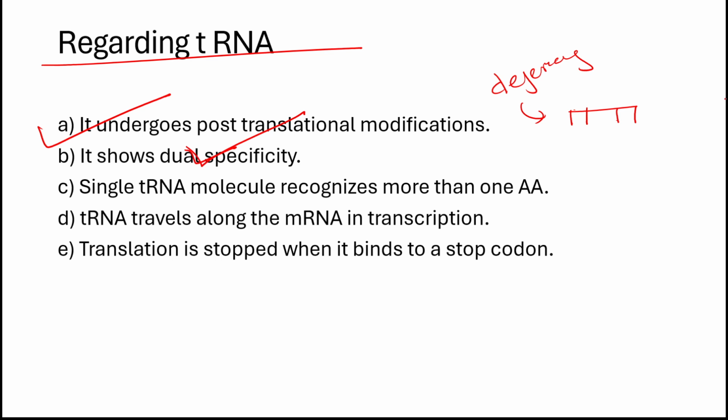The process in which a tRNA molecule activates an amino acid and brings it about for the formation of a polypeptide chain is known as the amino acid charging process.